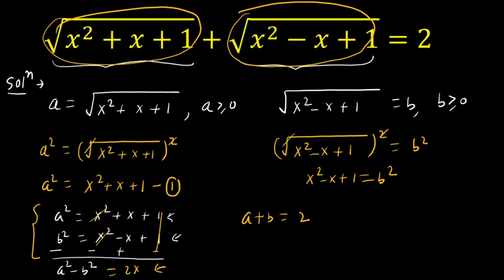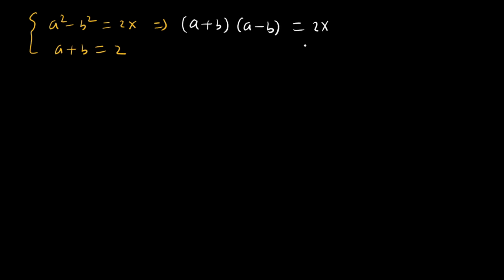Now we have a square minus b square equals 2 times x, and a plus b equals 2. This implies on the left hand side a square minus b square, and we know the algebraic identity a square minus b square is a plus b times a minus b, which equals 2 times x.